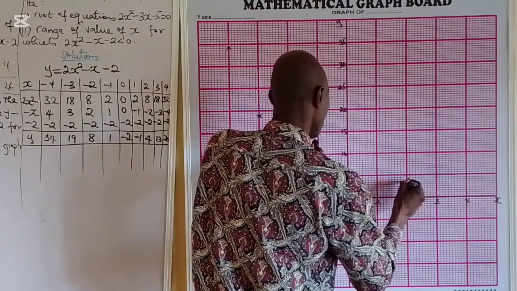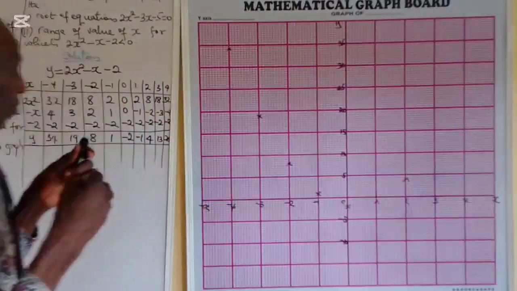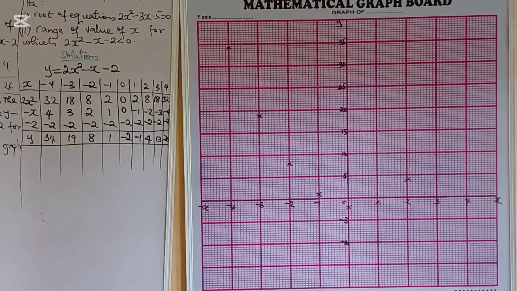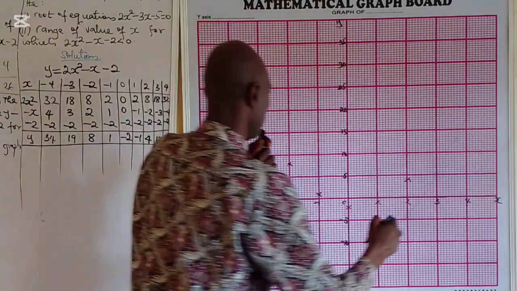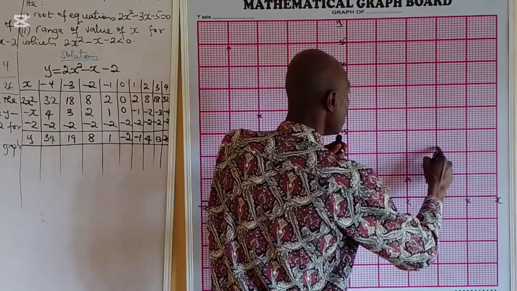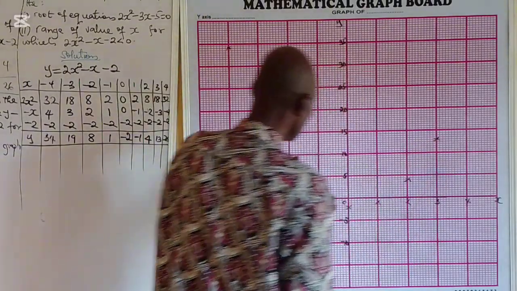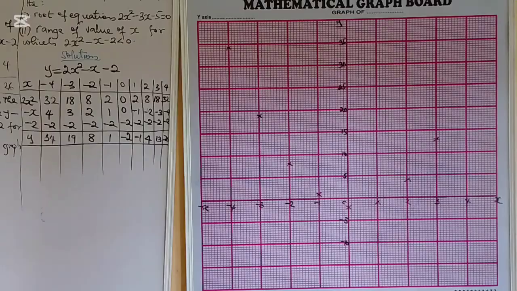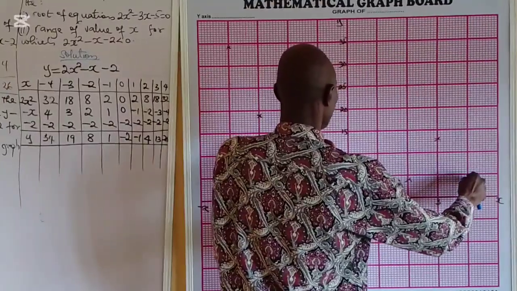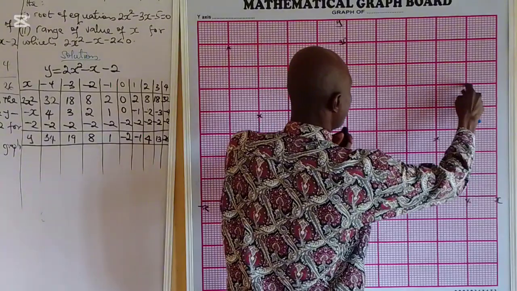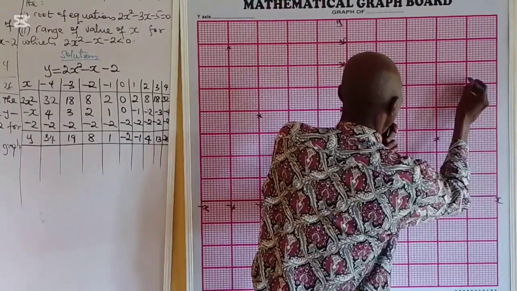Look at 4 here. Now, when x is 3, y is 13. 10, 11, 12, 13. When x is 4, y is 26. Go to 26. Here's 25. Here is 26.